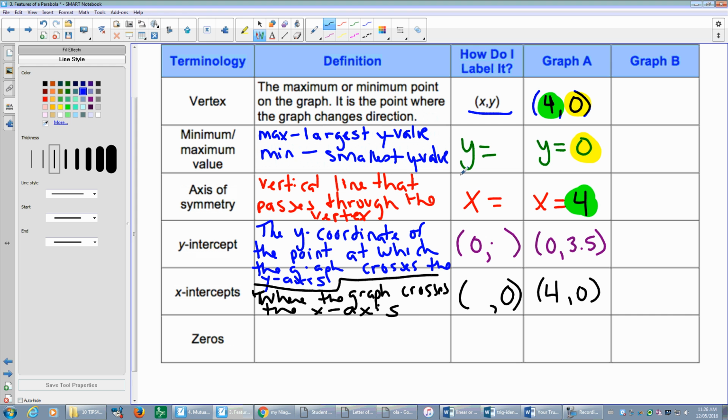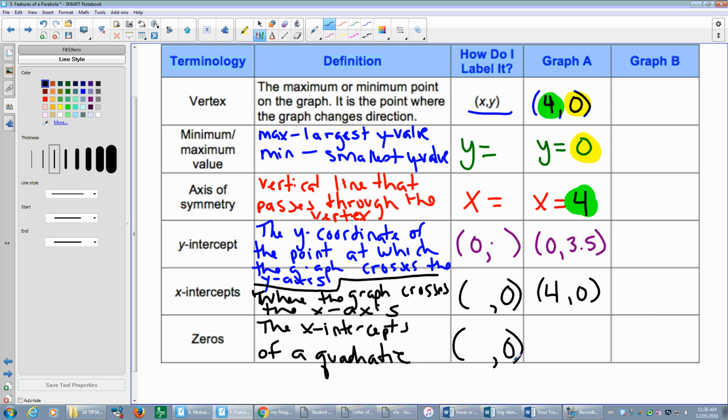Okay, and then the last one here, zeros, it's just another way of saying x-intercepts. The x-intercepts of the quadratic. And again, the same thing, you'll always label your x-intercepts as something, 0.